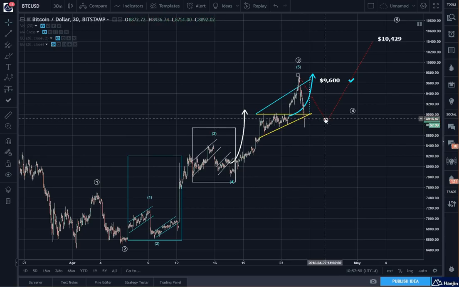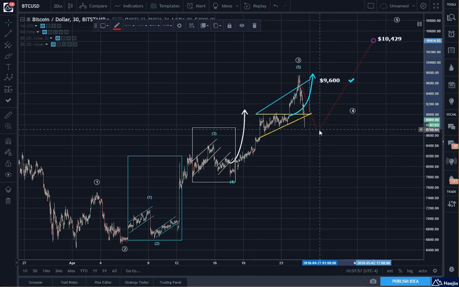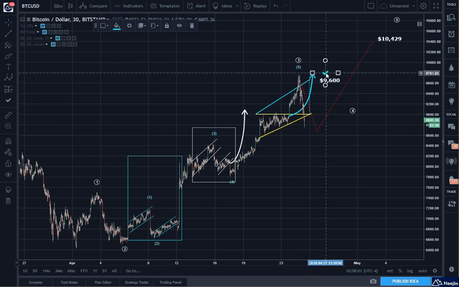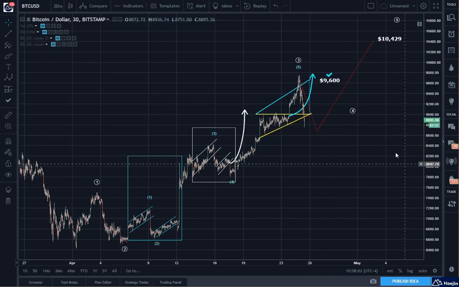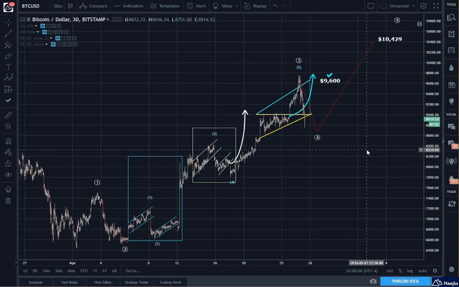And that depth could go to like so. Doesn't have to, but it could. And wave 4 will move down here. And that'll leave us wave 5.